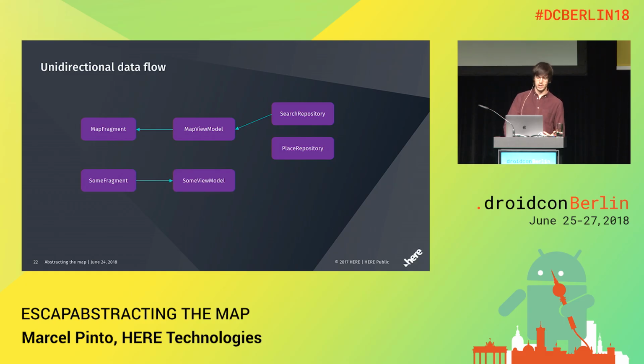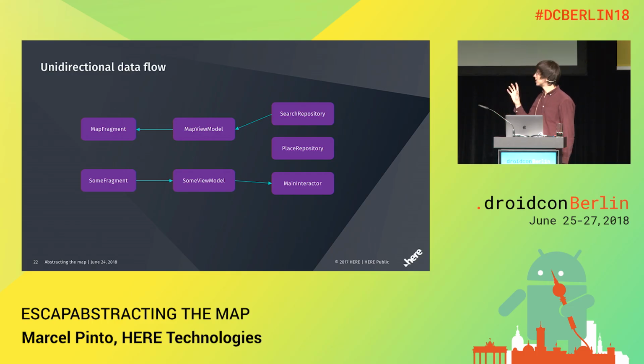So this view model, for example, could just talk to the map view model. That could be a possibility as well, but I think it's not the best way, because then we will end up with this map view model being contacted from everywhere. Instead, we would add another concept, interactors or use cases. Probably you have heard about that.